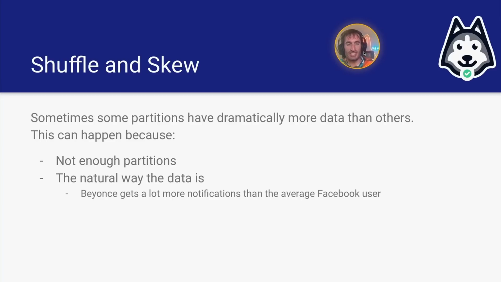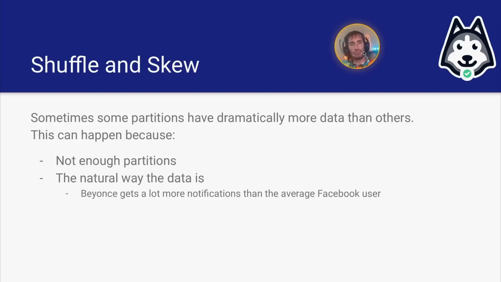And so they're going to skew. That one executor is just going to be given, I don't know, 10 or 100 or 1,000 times more data than the other ones. And that can be a showstopper, actually. I mean, that's taken so many pipelines down.